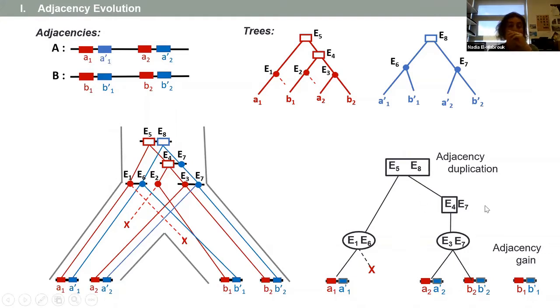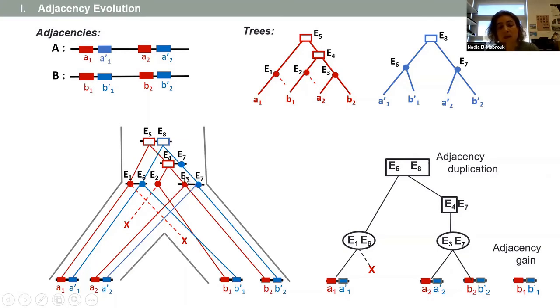Okay, so the output of the algorithm is two adjacency trees. So as you see here, this adjacency is duplicated here, and then we have a speciation, but here the adjacency is lost because one gene is lost. So this induces the loss of this adjacency here, which we see here. And on this side, this gene is duplicated, but just one adjacency remains here. So one of the duplicated genes remains adjacent to E7.